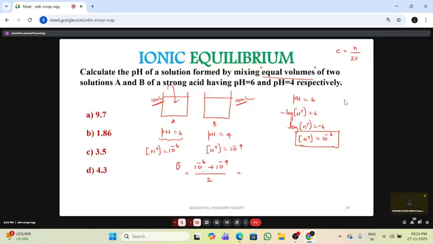So you have to add this 10 power minus 4 and 10 power minus 6. Kana, while you're adding, please make sure you have the same powers of 10. So either make 10 power minus 6 as 10 power minus 4, or 10 power minus 4 as 10 power minus 6. Convert accordingly, add both the values and divide by 2 to find the original H plus ion concentration, which is easy for you.